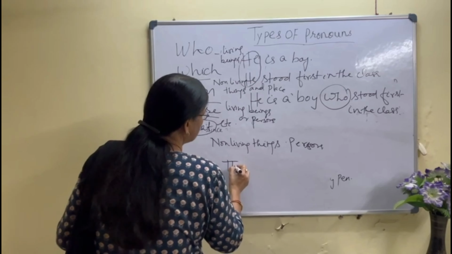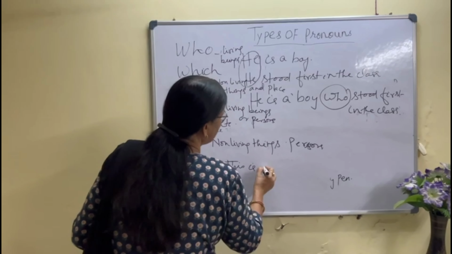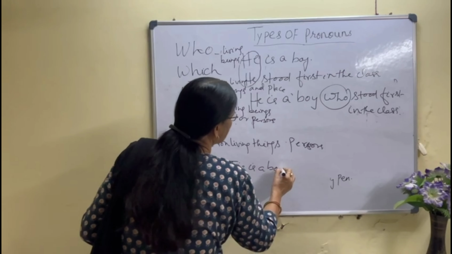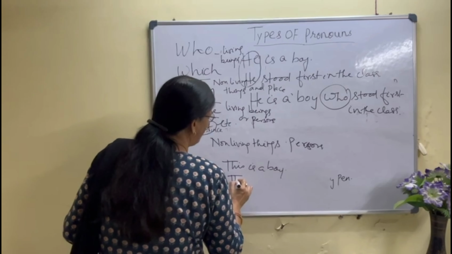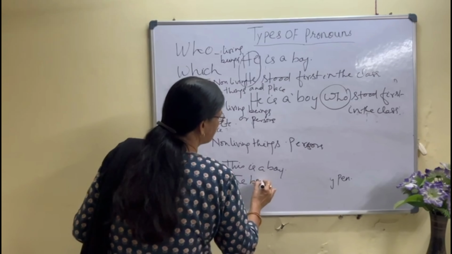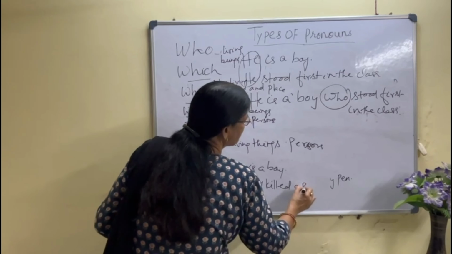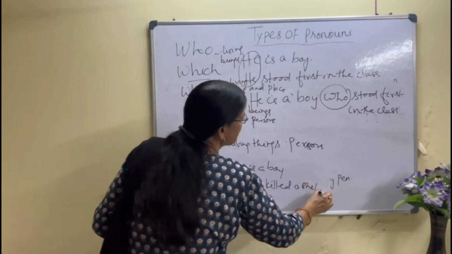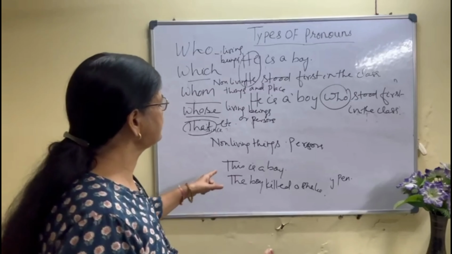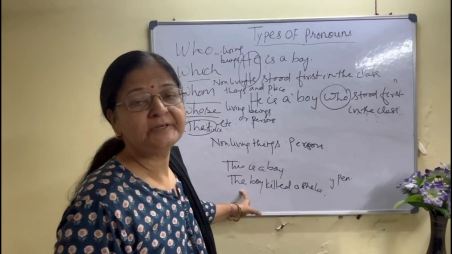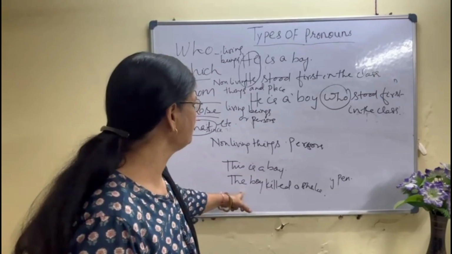This is a boy. The boy killed a snake. Now, these two sentences can be joined with the help of that as a relative pronoun.